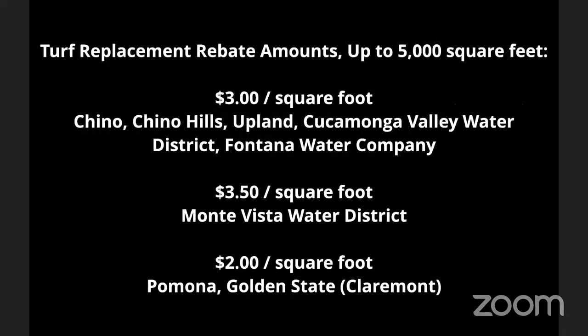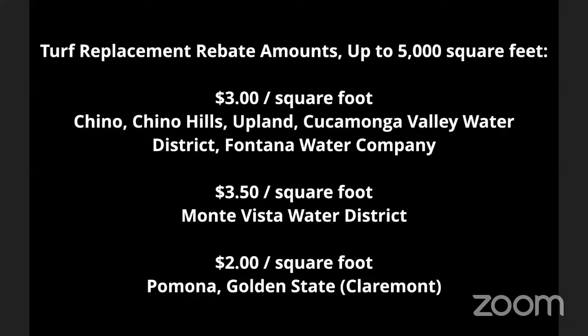And so for most of us in Southern California, through that SoCalWatersmart.com program, you can get a turf replacement rebate. You get rebated per square foot of turf removed, up to 5,000 square feet per fiscal year.